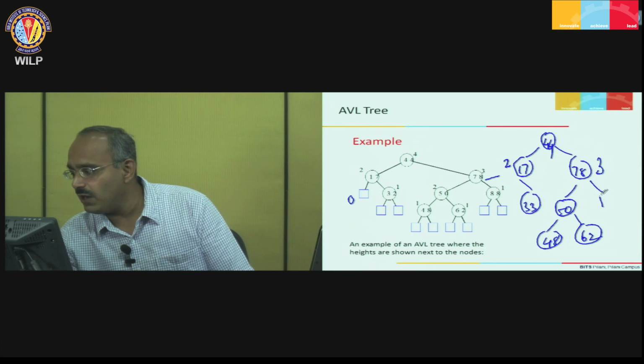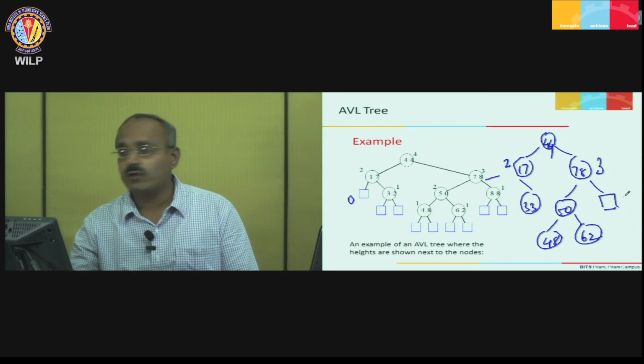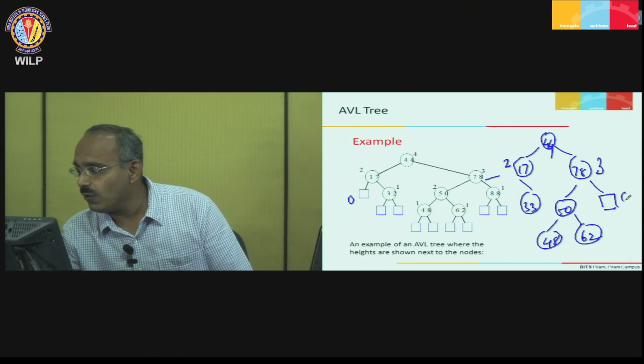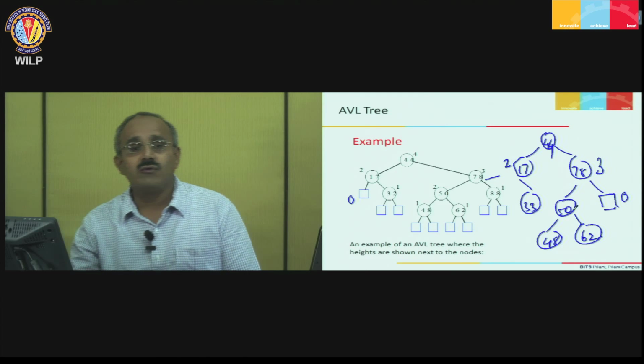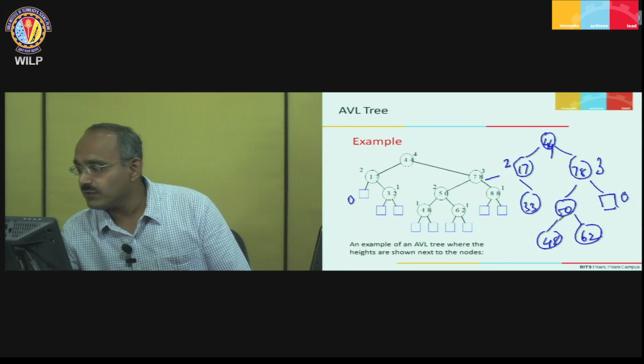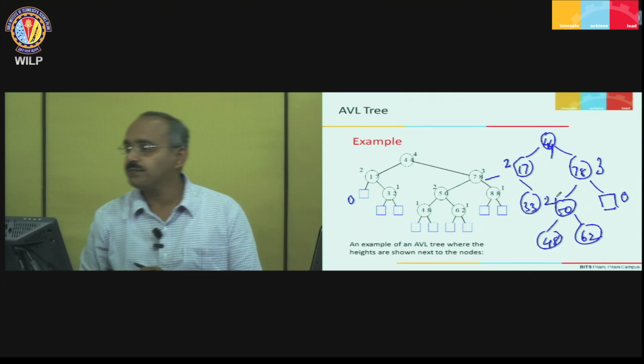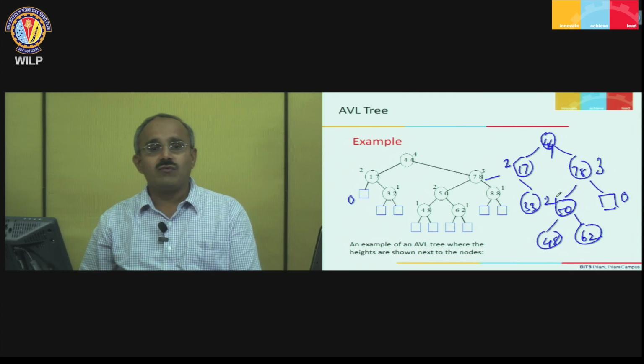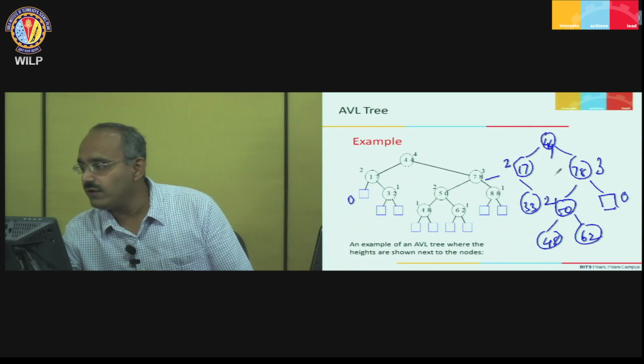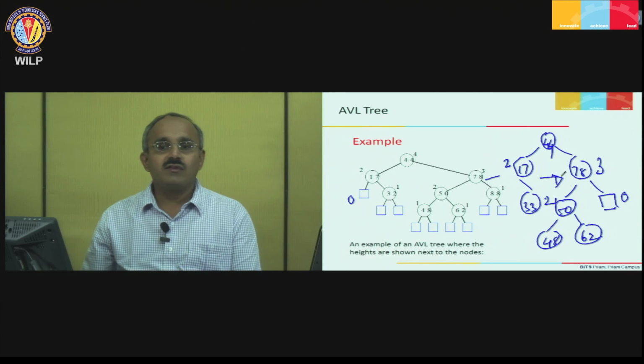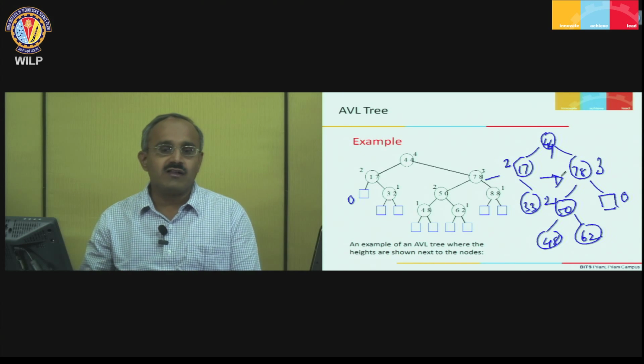Its right subtree is just the null node and its height is 0, whereas if you look at its left subtree, its height is going to be 2, correct. So, what we observe is that the height property is violated at 78, this particular node. So, this is an example of a binary search tree which is not an AVL tree.